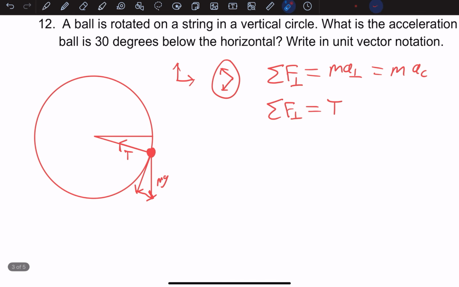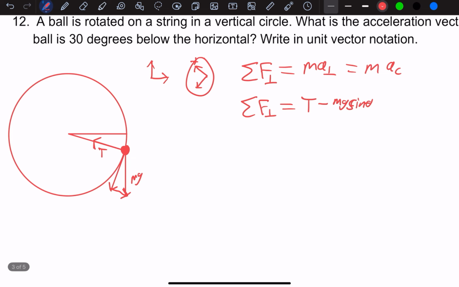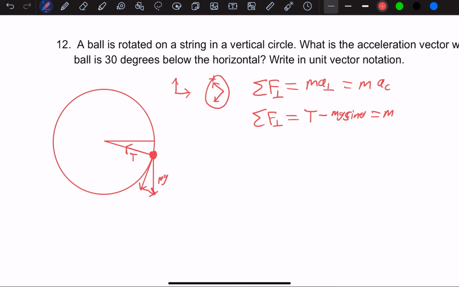So that means, with radially inwards as positive, we have tension minus mg sine theta equals mass times centripetal acceleration. Here it didn't say what variables it should be in terms of.